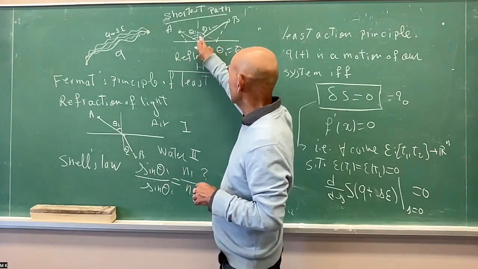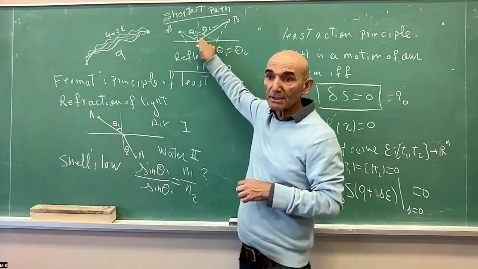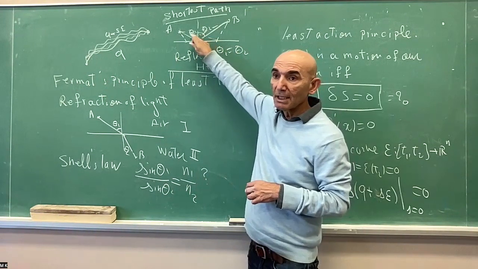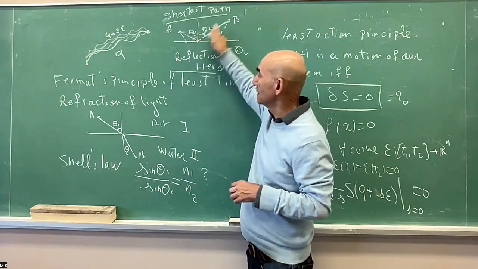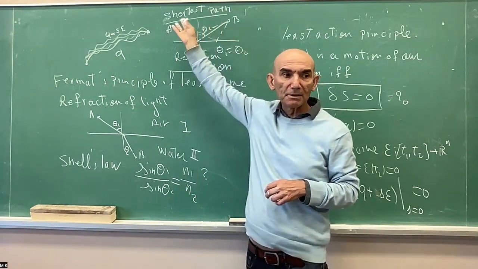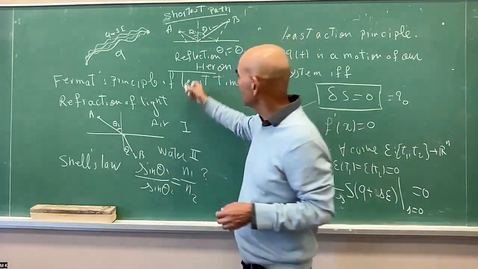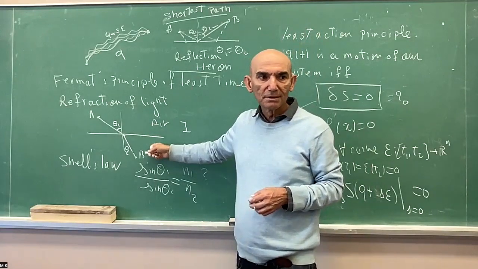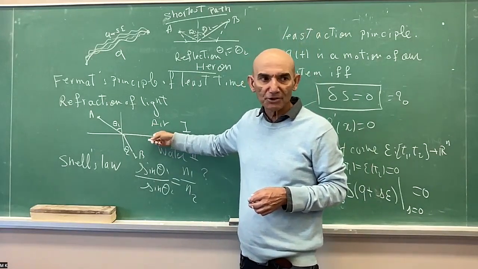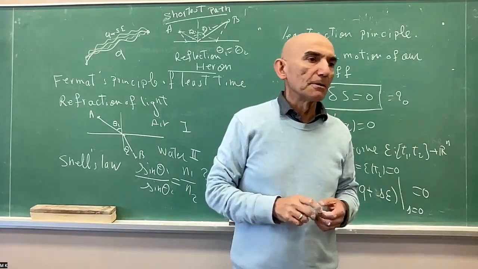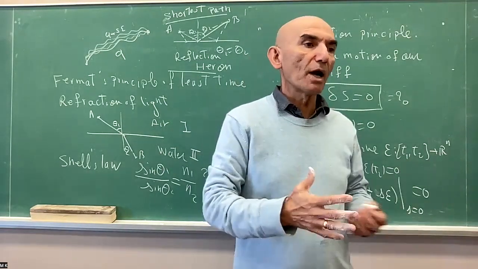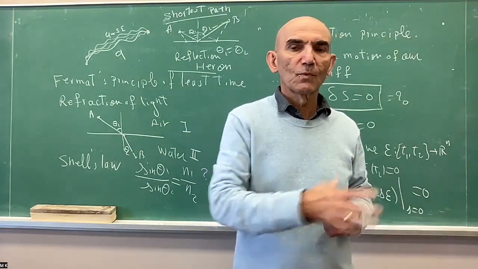In the reflection case, you can say it is shortest time too, because the speed of light is the same in the same medium, so shortest time equals shortest path. But here not. The speed of light changes. If the speed of light is slower, it takes more time to reach.